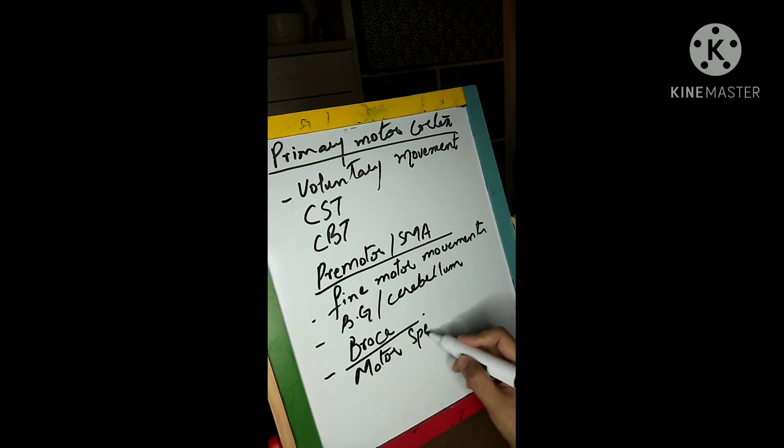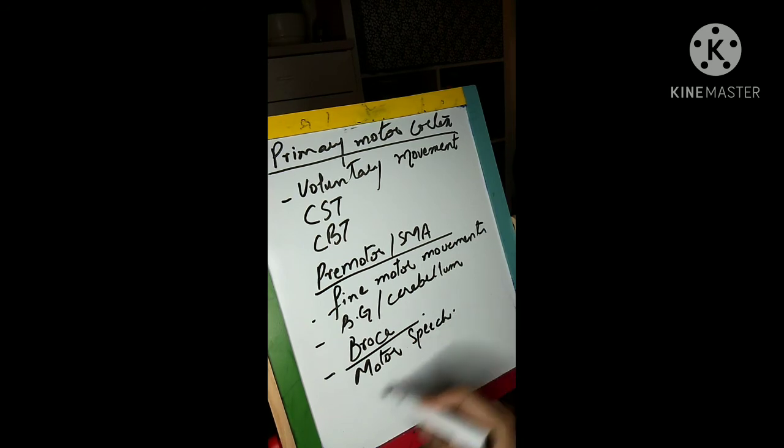Next, I am going to tell you about Broca's area. Broca's area is associated with speech, and it is basically responsible for the motor part of speech. Wernicke's area in temporal lobe is the sensory part, and Broca's area is responsible for the motor part of the speech.